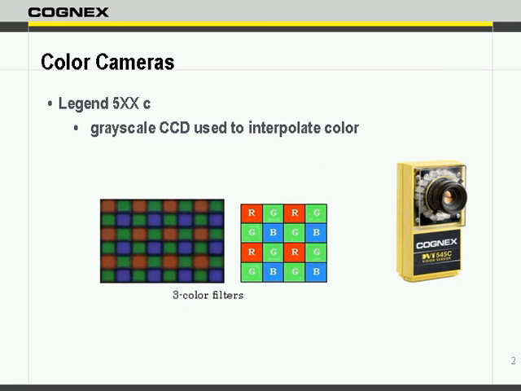Basically, the way a color camera is used is there is a CCD with a filter on top of the CCD, and each pixel on that CCD identifies one of the three basic color elements, red, green, or blue, and identifies the intensity of that particular wavelength.